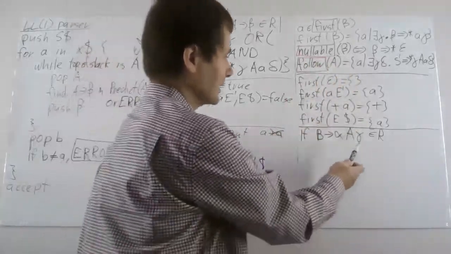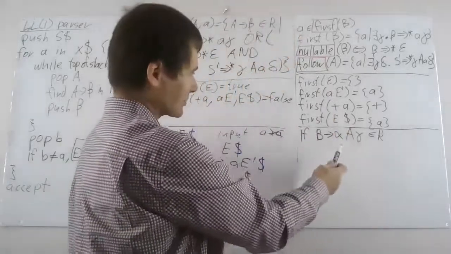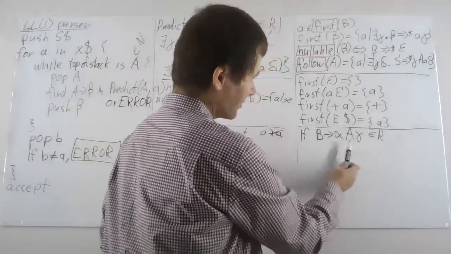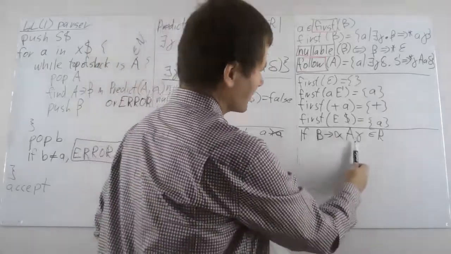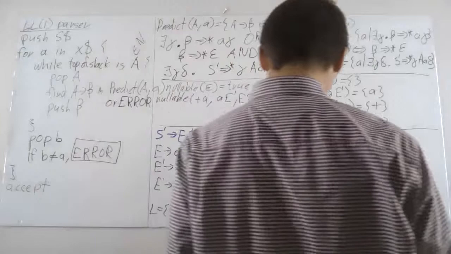So we're going to do the first computation for gamma. Any production rule that has a non-terminal on the right-hand side, we look at what comes after, and we take the first set of it.